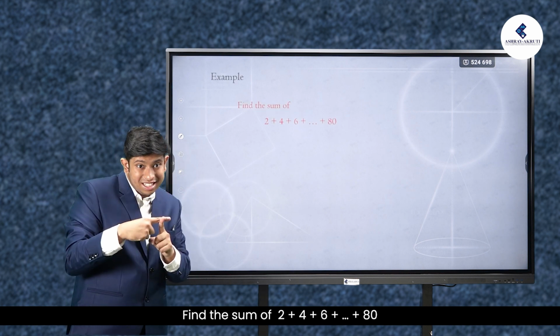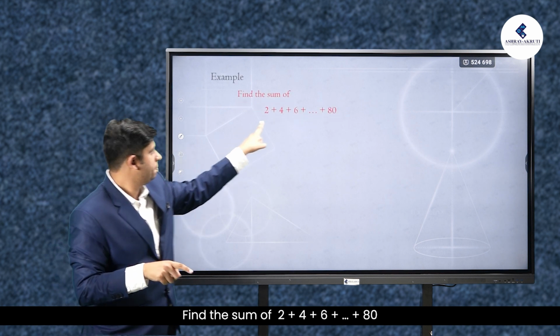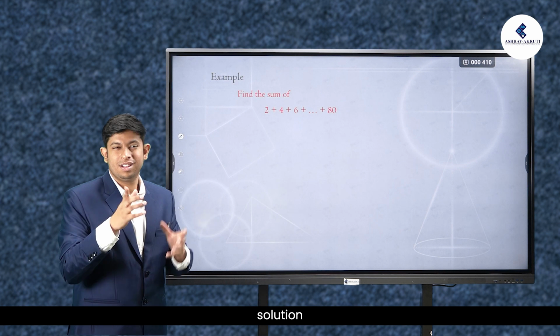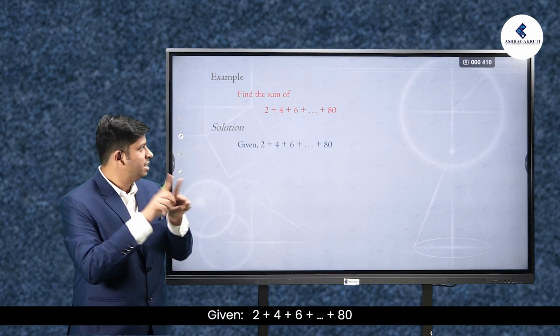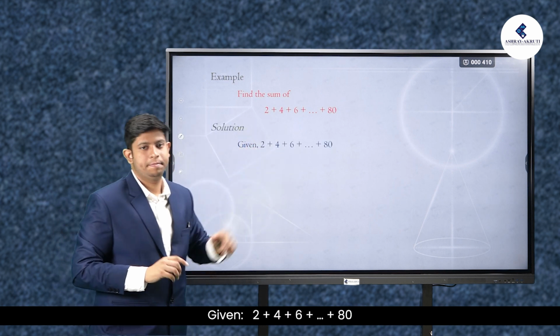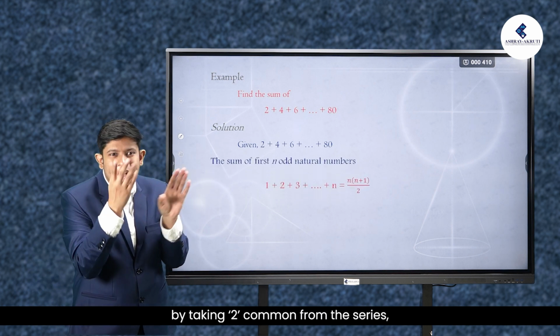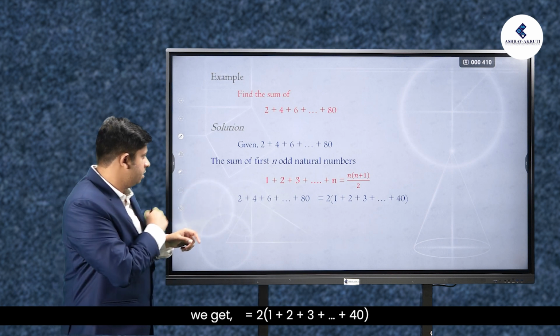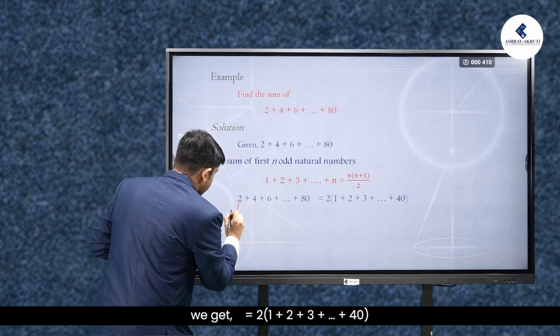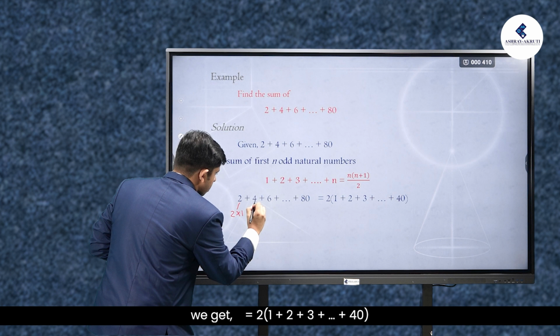Find the sum of 2 plus 4 plus 6 so on plus 80. Solution. Given 2 plus 4 plus 6 so on plus 80. By taking 2 common from the series, we get 2 into 1 plus 2 plus 3 plus so on plus 40.